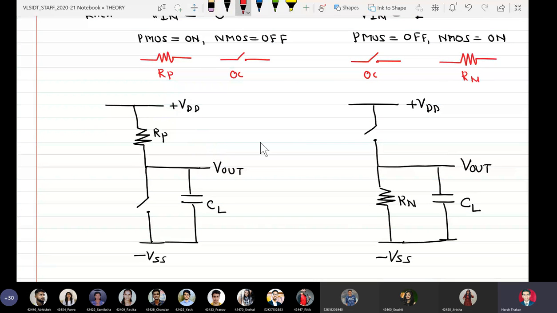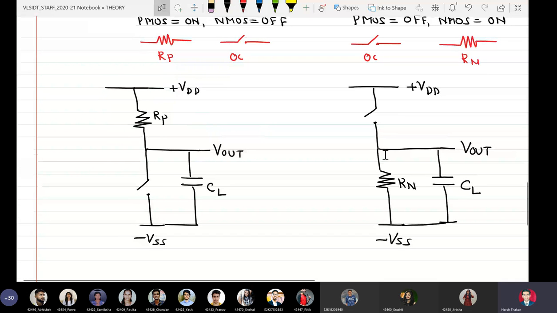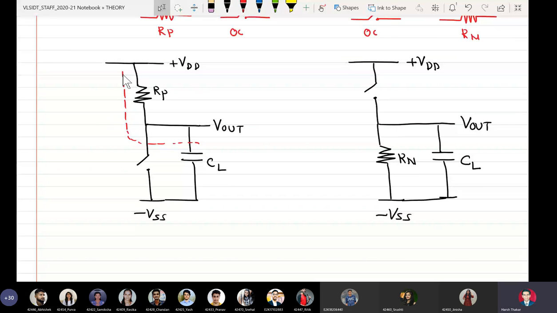So we can actually show it like this, that the capacitor will start charging towards VDD. And once it is charged, then when Vin equal to 1, the capacitor will now discharge towards VSS.